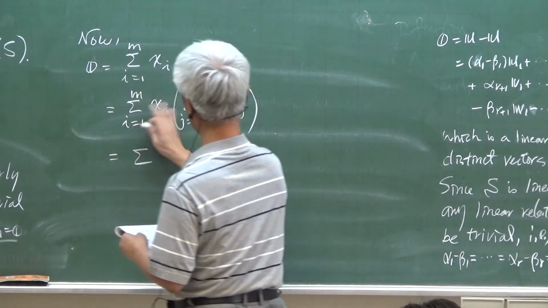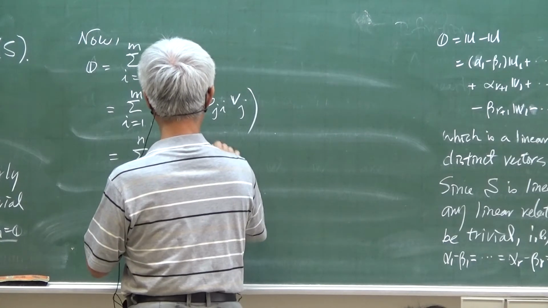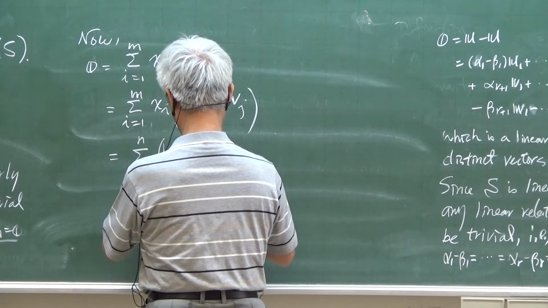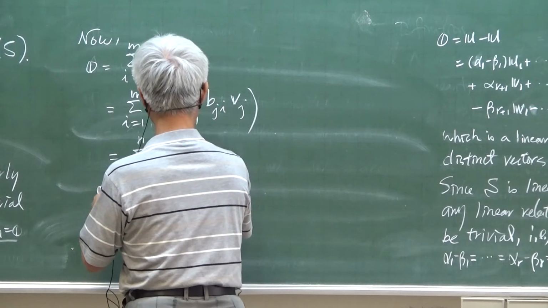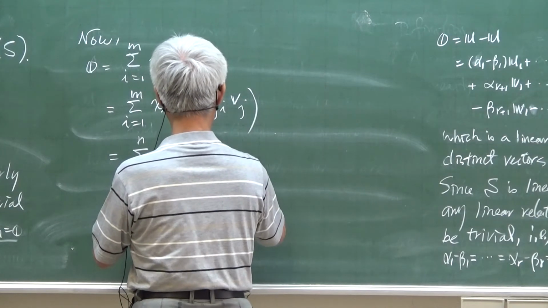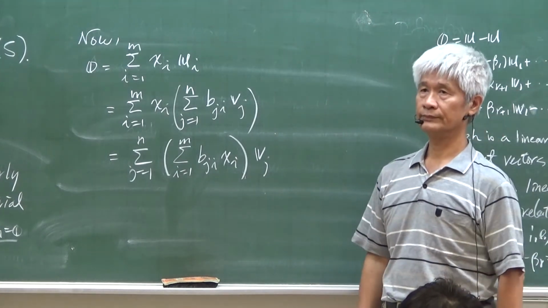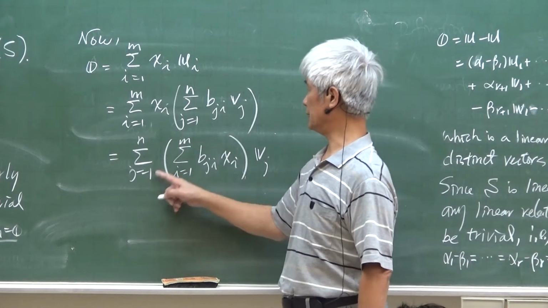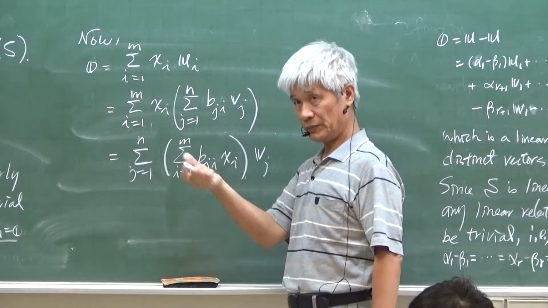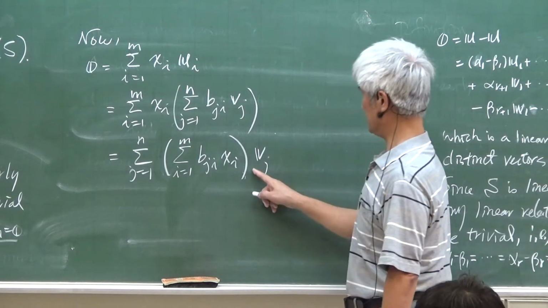And then I exchange the summation. In here, we sum over j first and then over i, but we can exchange that. So I have the sum over j of the sum over i from 1 to m of bji xi, times Vj.